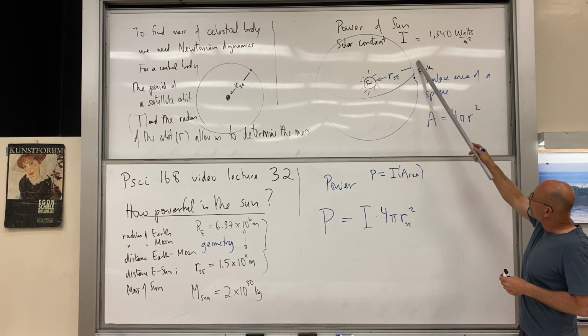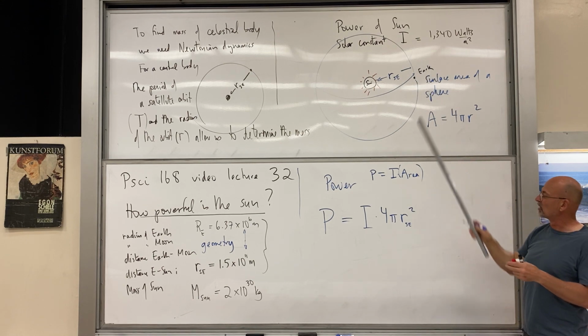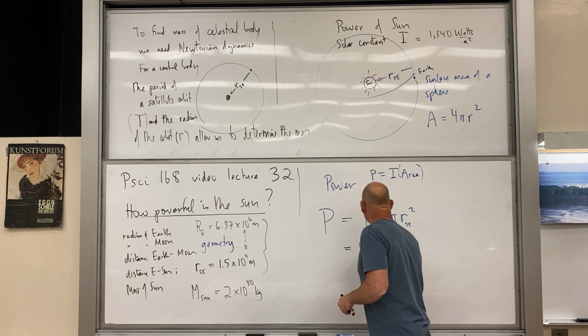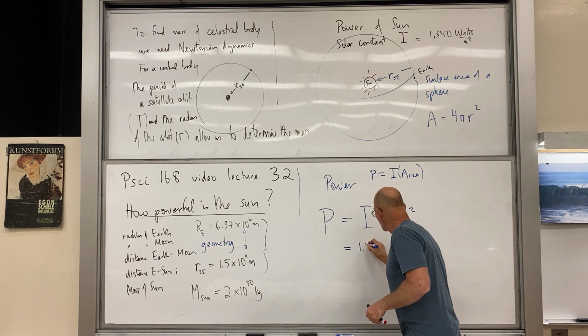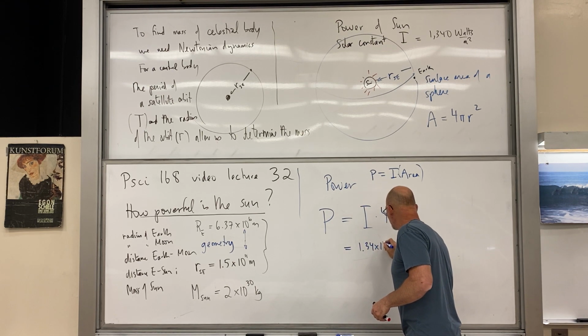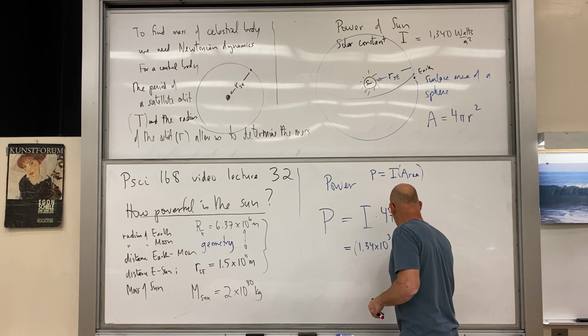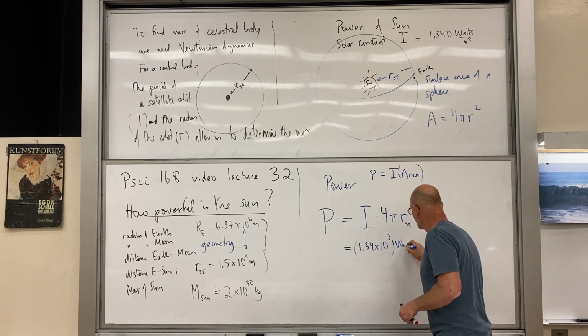1,340 at the location of Earth, which is where we are. Good, so what do we have here? 1,340, so 1.34 times 10 to the third watts per meter squared.